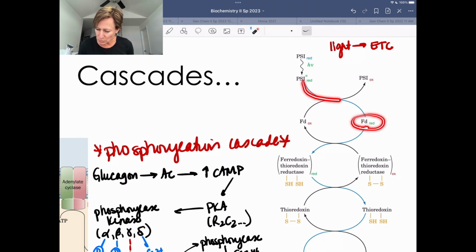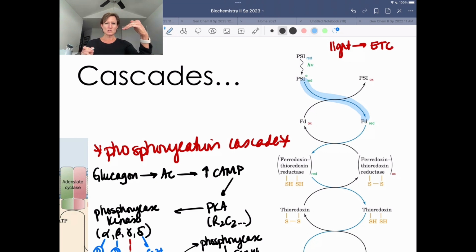If we follow the blue here, I'm going to highlight it a little bit darker because it's really hard to see. This is following the electron path. Those electrons go from the end of photosystem 1 onto ferredoxin. What that allows this photosystem to do is go from a reduced state back to its oxidized state as it gives up its electron.